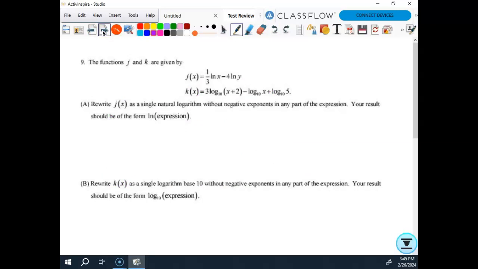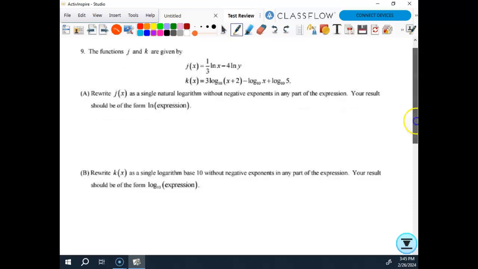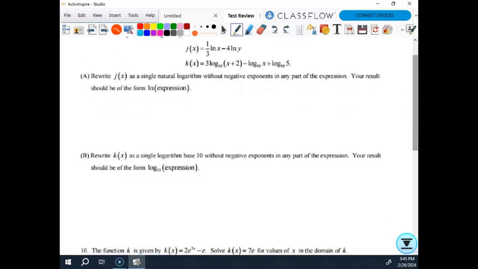Okay, they give us j and k. We want to rewrite it as a single natural logarithm without negative exponents in any part of the expression. Okay, so j of x equals, so this 1/3 is going to become an exponent, the 4 is going to become an exponent.